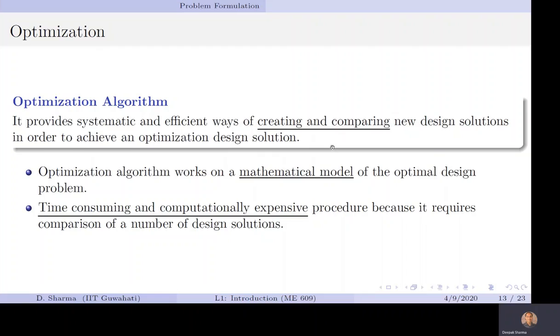So we keep on searching and try to find out where the optima is using the optimization algorithm. For using this optimization algorithm, we need a mathematical model, and that is also referred to as problem formulation for optimal design. Since we are creating and comparing the new solutions, it is a time consuming task. Sometimes it is computationally expensive as well because it involves so many comparisons. Therefore, optimization algorithms are designed to run on a computer.